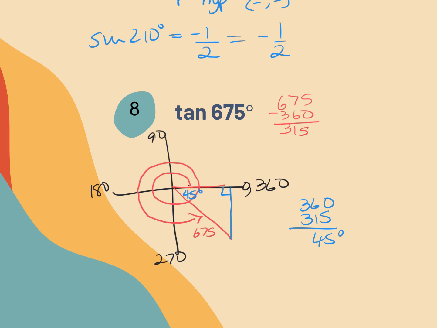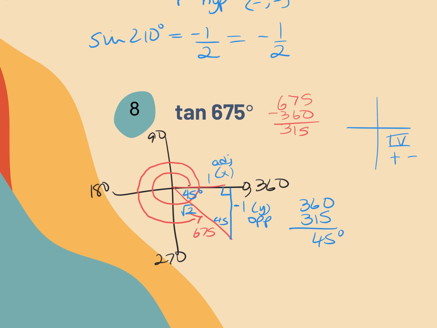So again, in the 45-45, we know the two legs are 1 and 1, and then the hypotenuse is the square root of 2. Now what we need to do is also remember in quadrant 4, the signs on the ordered pair are positive, negative. So this is going to be a -1 here. This is my y. This is my x. This is also opposite and adjacent.